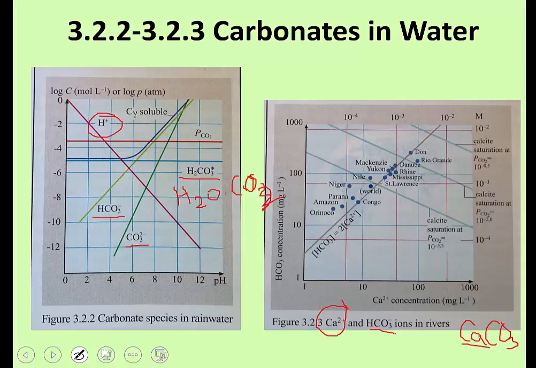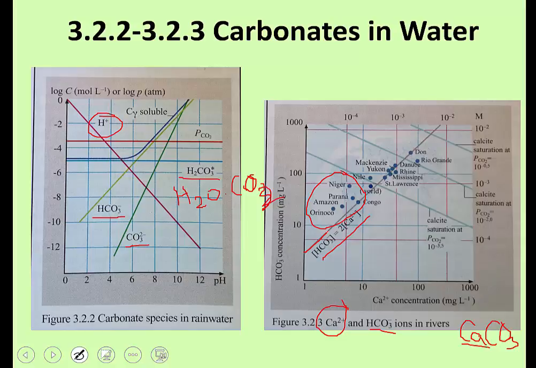When you have something such as the rivers that you're seeing over here, so Amazon, Orinoco, Parana, Niger River, all of those, notice that, first of all, here's our equilibrium line, where we have calcium ions in equilibrium with the hydrogen carbonate. We get a 1-to-1 balance where the calcium's binding to the hydrogen carbonate. And so that's represented by this gray line that they've got going right here. I won't draw it all the way up, but that gray line represents that equilibrium under standard conditions.